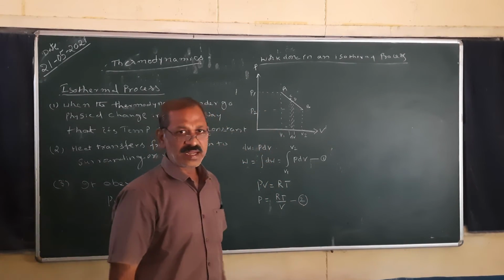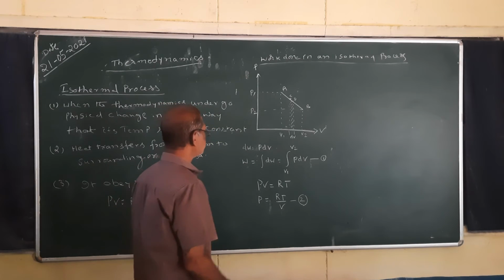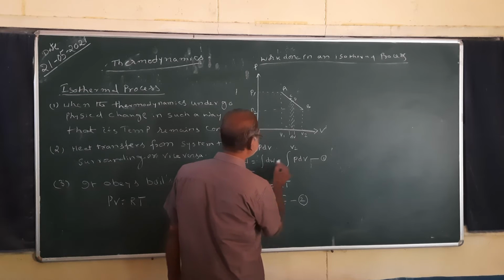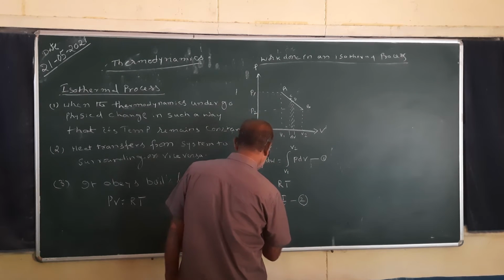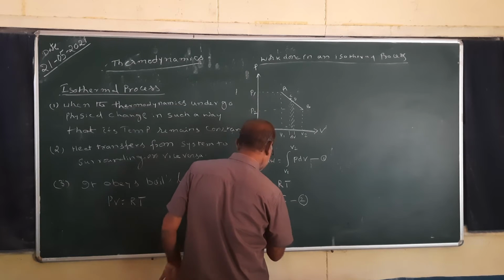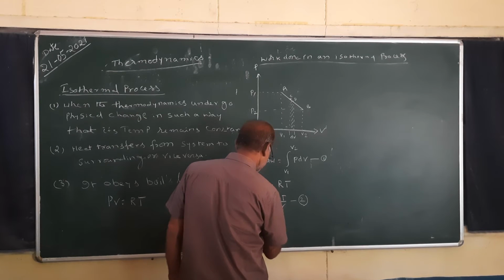Substituting the P value in equation 1, we get W is equal to integral from V1 to V2 of RT by V dV.